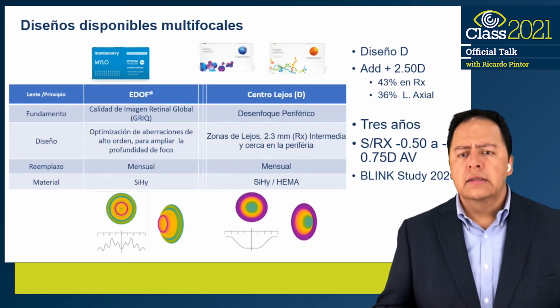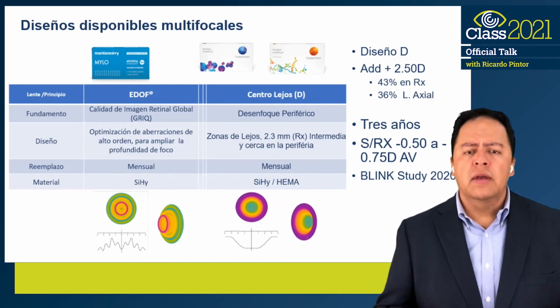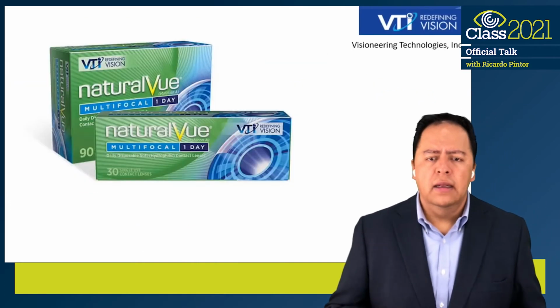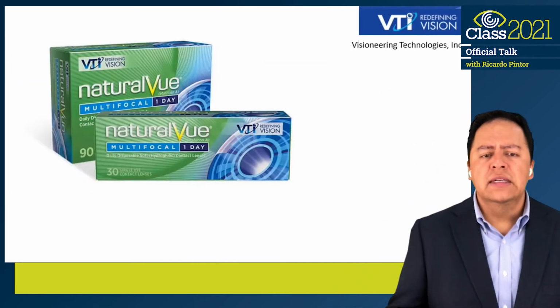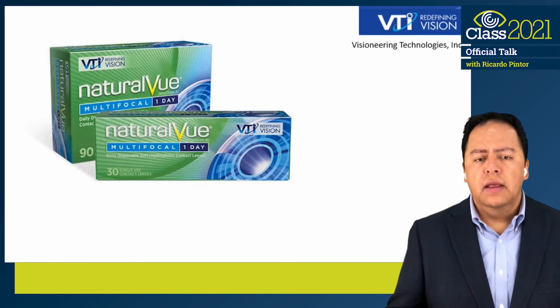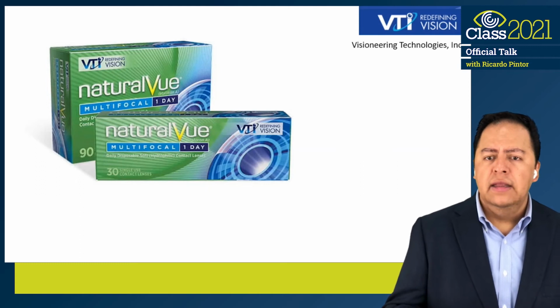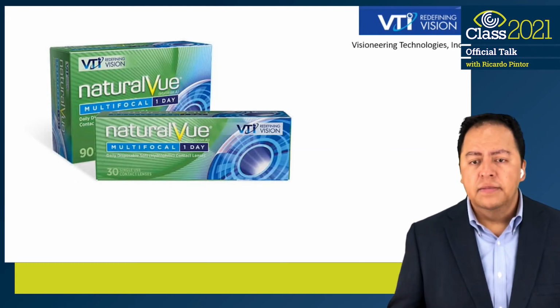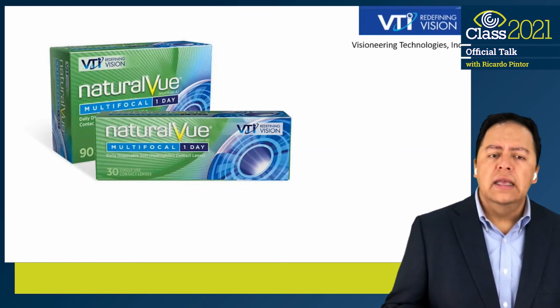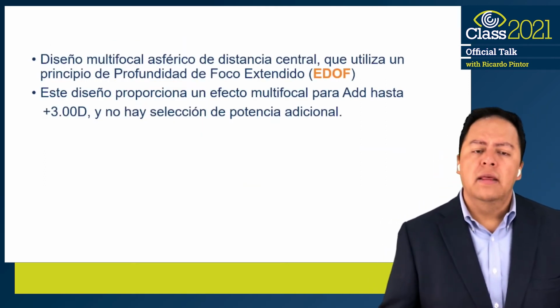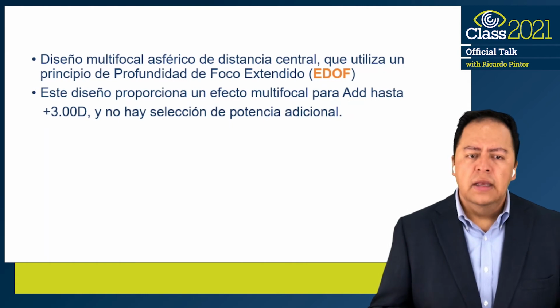There is an alternative that is used in the United States and that I have begun personally to see with a little diffusion in other parts of Latin America, and this Natural Vue contact lens design is one of the many daily disposable multifocal contact lenses, and it also uses an aspherical design that could fall into the category of extended depth of focus.